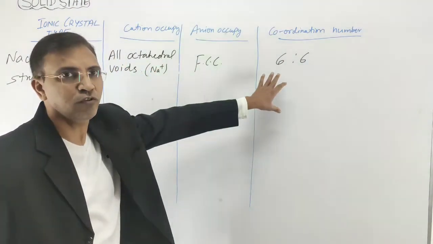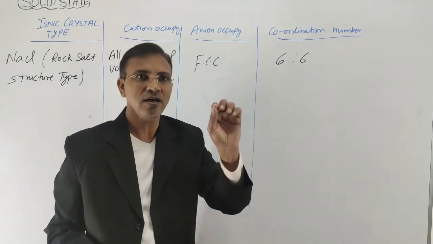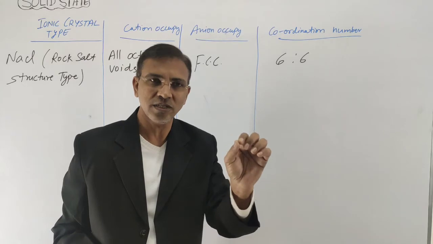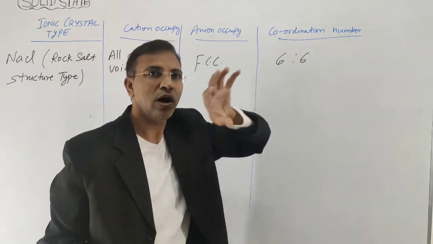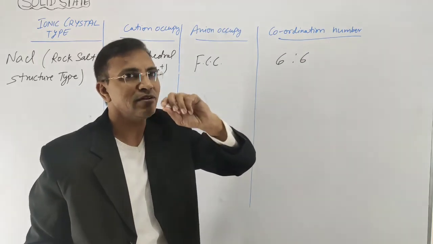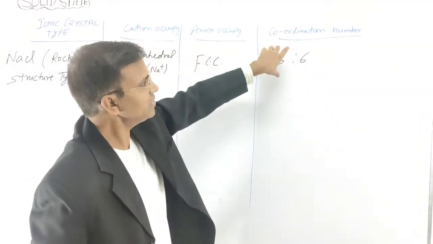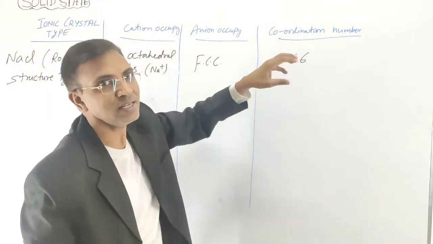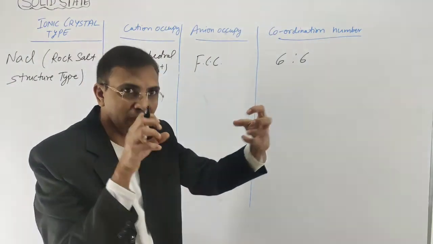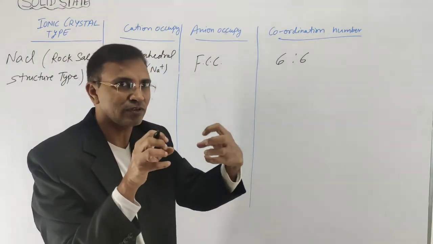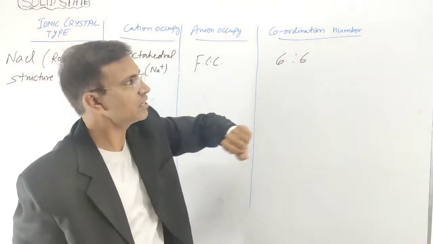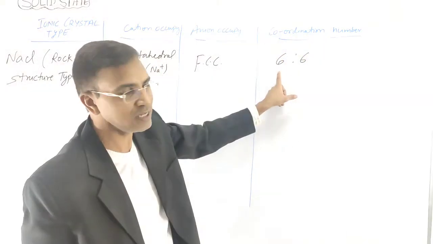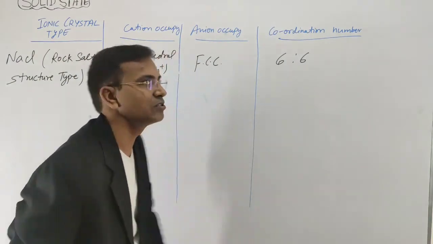That is not the 4:4; 4:4 is the ratio of Na positive and Cl negative ions in the unit cell. If you go through the structure, each ion is attached to 6 neighboring ions. That's why the coordination number of Na positive is 6 and Cl negative is also 6.